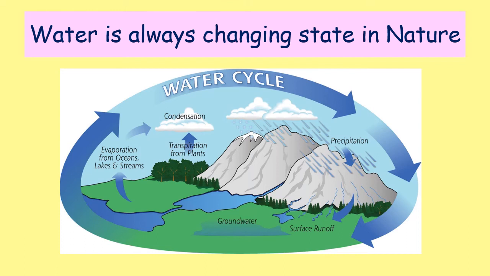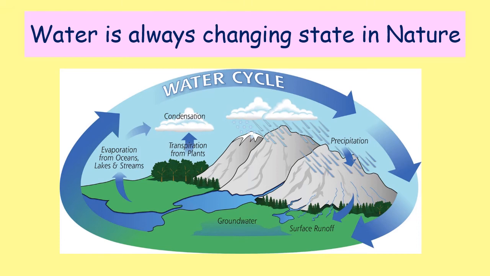Now we'll start the water cycle with water in the ground. So at the bottom of the diagram we have got these oceans, we've got lakes, we've got streams, and we've got groundwater and surface runoff. What happens is that heat from the sun is able to evaporate. Now evaporation is a very similar process to boiling.